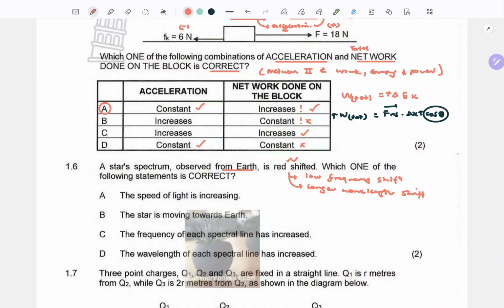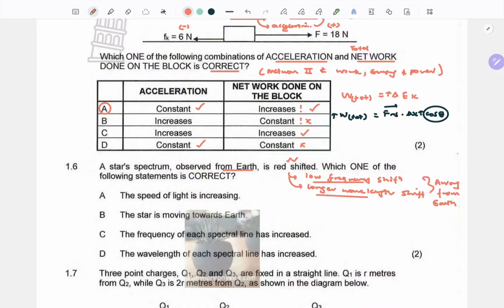So when we say red, basically we're talking lower frequencies or longer wavelengths, since frequency and wavelength are inversely proportional. So this is very important. Now, again, if we are red shifting, this is already saying we are moving away from Earth. These things are very important, guys, to brainstorm, either in your head or you write them down as you see me do. It helps first when you practice to do this, but as you get better and better, you start to just think about them rather than need to write them down.